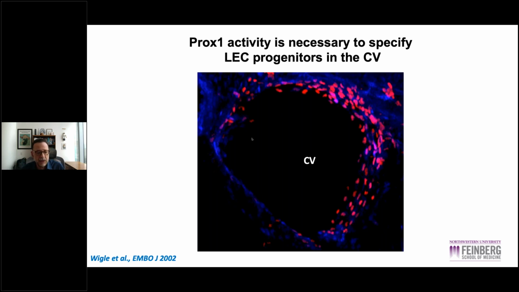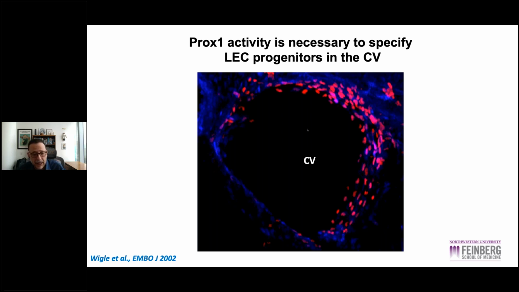This is a transverse section at the level of the anterior cardinal vein. And what you see in red is beautiful Prox expression in one side of the cardinal vein and not in the other, which already poses a fascinating question. We still are not sure why it happens, why it's on one side. But this is what we today call lymphatic progenitors.